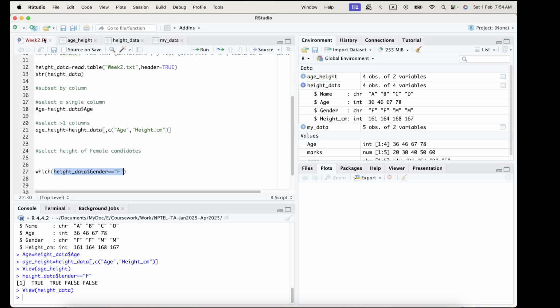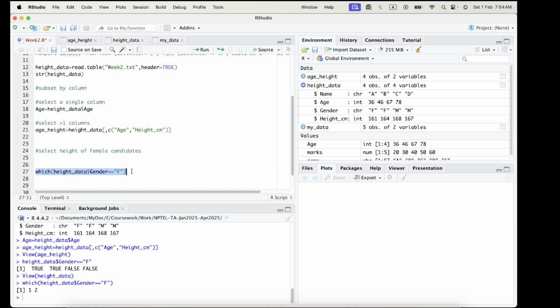Okay, now I have these. So if I do which over these, it's going to give me the row indices where this condition holds true. Now once I have the rows, I am going to write height data such that these will be my row indices, and then comma, what is the thing that I want?